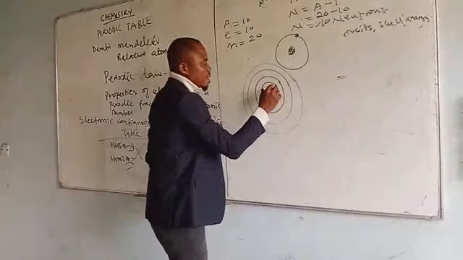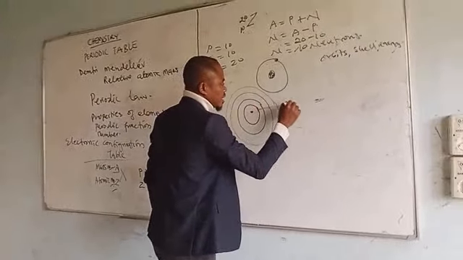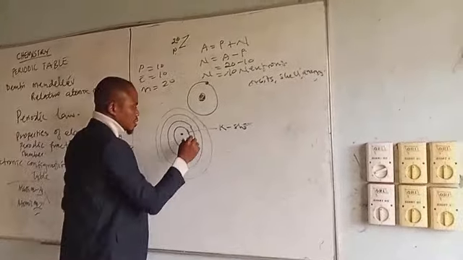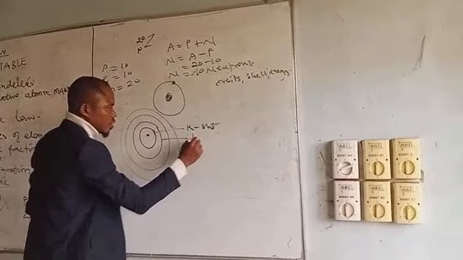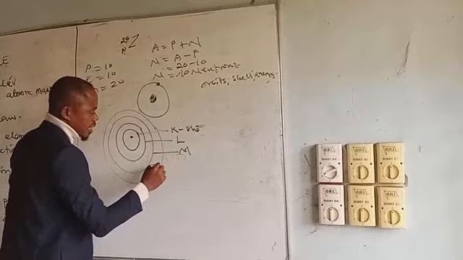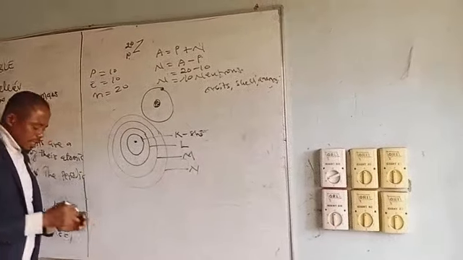So the first shell is denoted as what? The K shell. This is your L shell, your M shell, and the N shell.